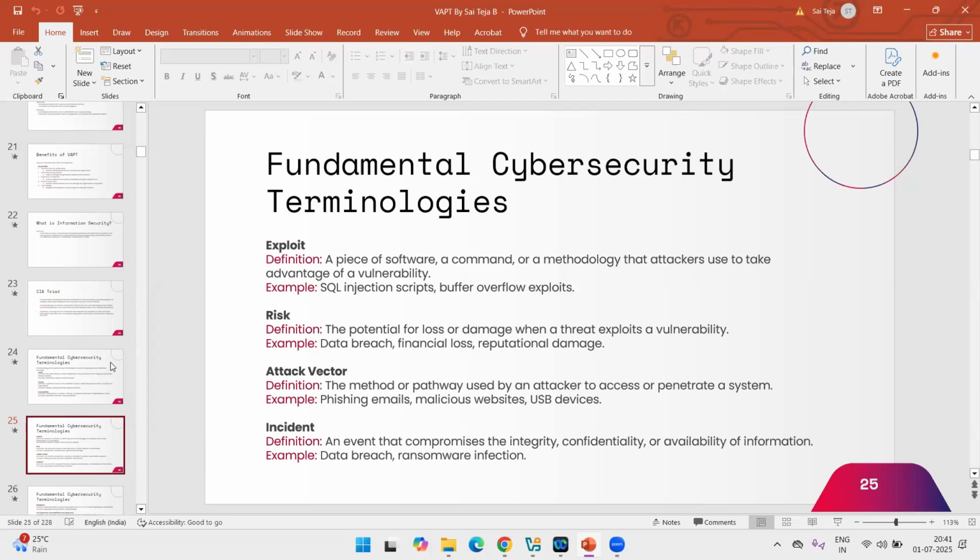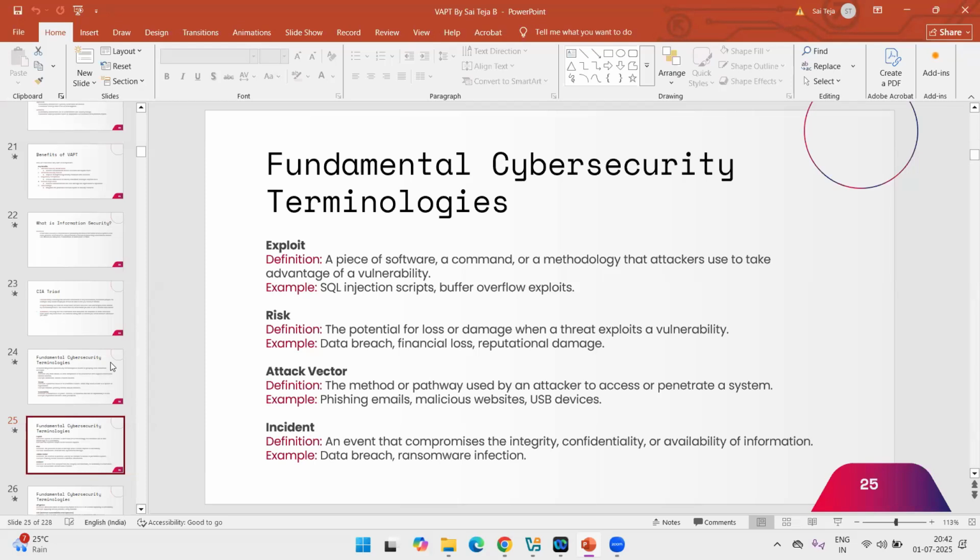So risk equals vulnerability times threat, exploiting the vulnerability. Let's say there is a vulnerability in one system. I exploit it and get access to it. Now it is causing a data breach, and the attacker got all the data access. That is the risk: the potential loss or damage of what a hacker can do once they exploit these vulnerabilities.